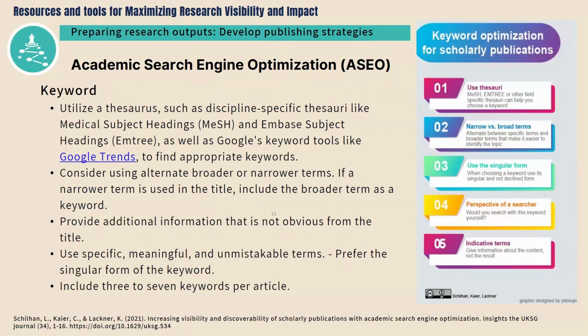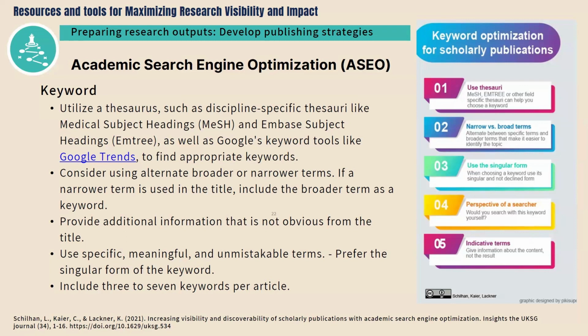When crafting keywords, consider the following tips. Utilize thesauri, such as discipline-specific thesauri like Medical Subject Headings or Embase subject headings, as well as Google's keyword tools like Google Trends, to find appropriate keywords. Consider using alternative broader or narrower terms.